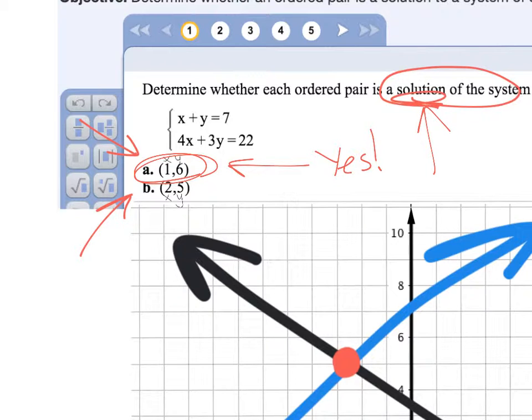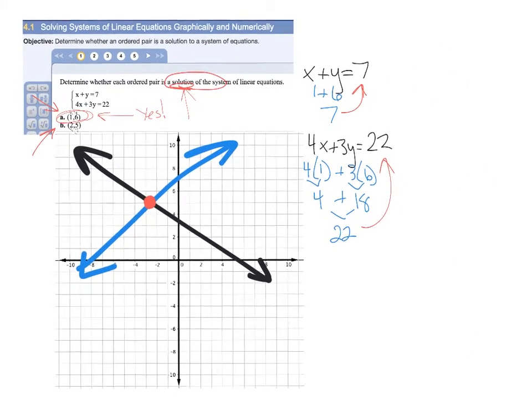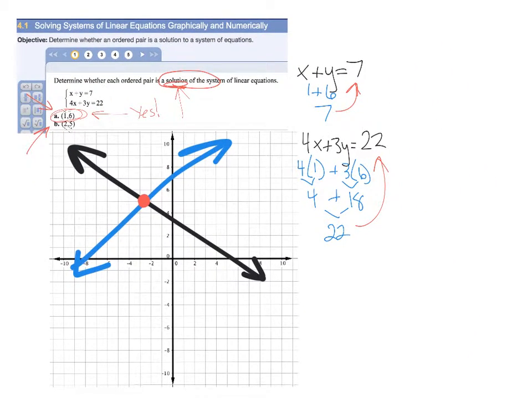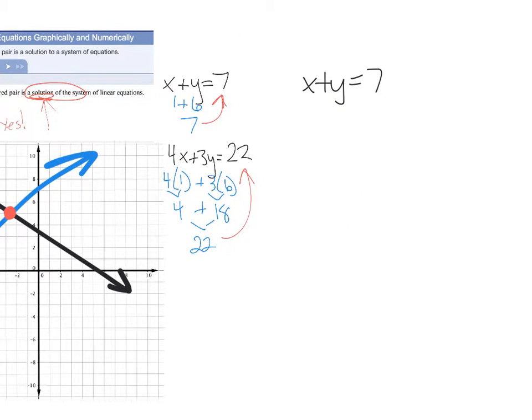Now let's verify that 2, 5 does not work. So again, we've got x plus y equals 7, and then we've got 4x plus 3y equals 22.